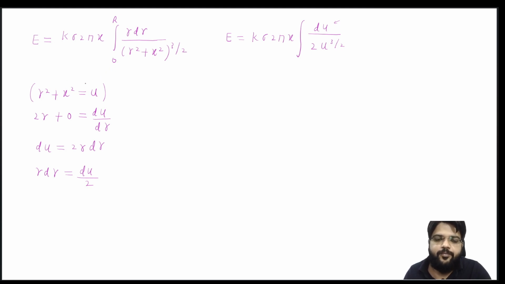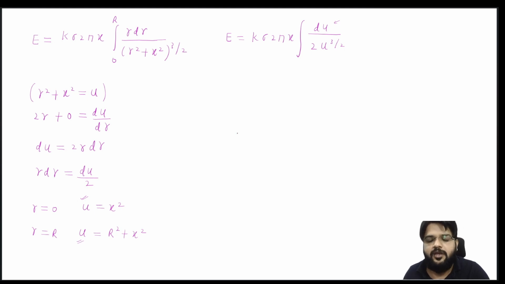Okay, so the minimum possible value of small r is what? It is 0. So if r equal to 0, then what is the value of u from this equation? If I put r equal to 0 in this equation, then we get u equal to x square, correct? And if I put r equal to capital R, then u equal to r square plus x square. All right, this thing we will get. This is the lower limit of u, and this is the upper limit.